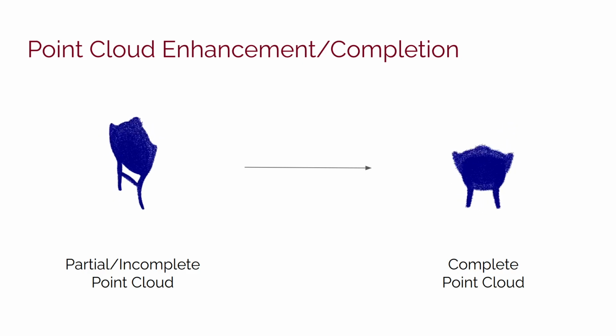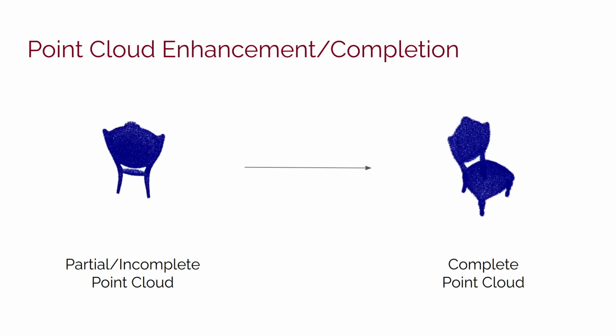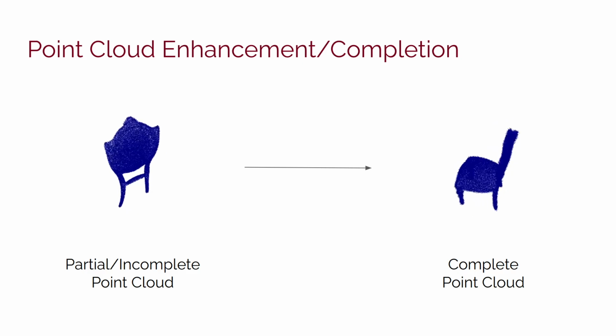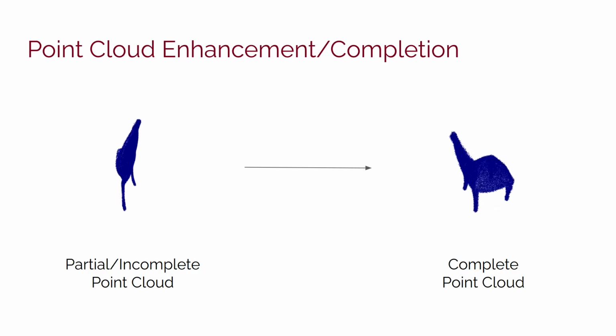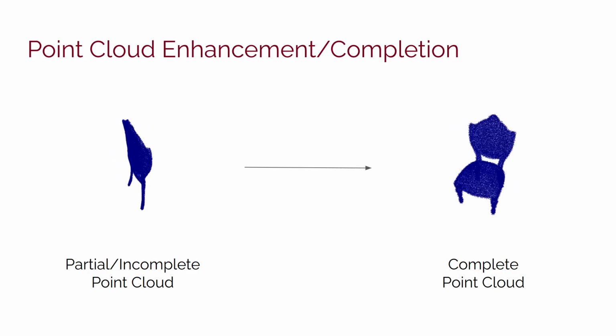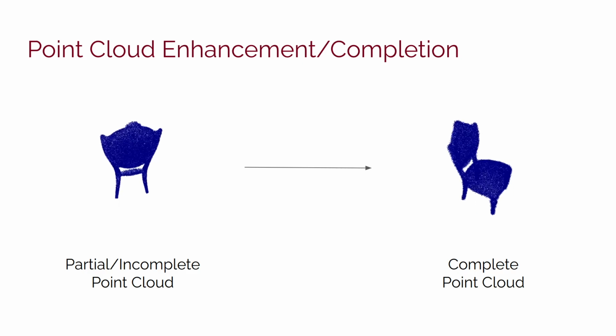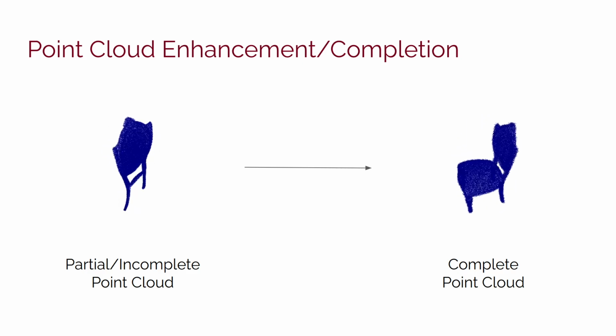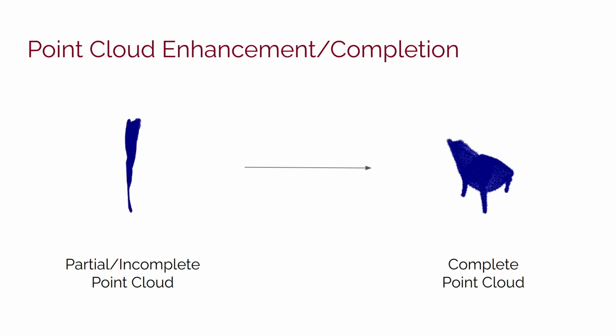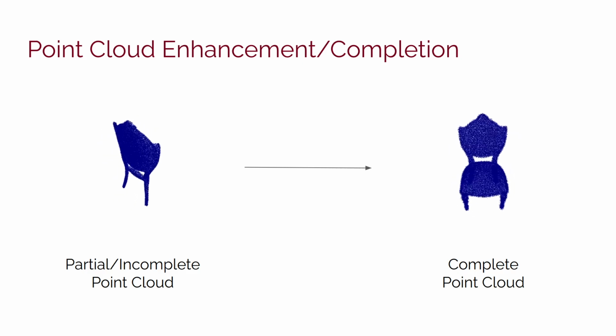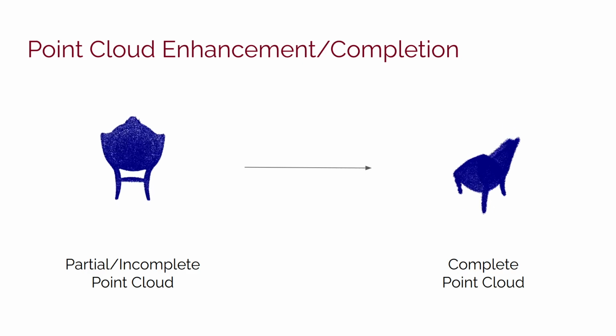Point cloud enhancement is more like an umbrella term. It incorporates point cloud denoising, point cloud upsampling, and point cloud completion. For the scope of this presentation, I'm gonna be mostly referring to point cloud enhancement as point cloud completion.